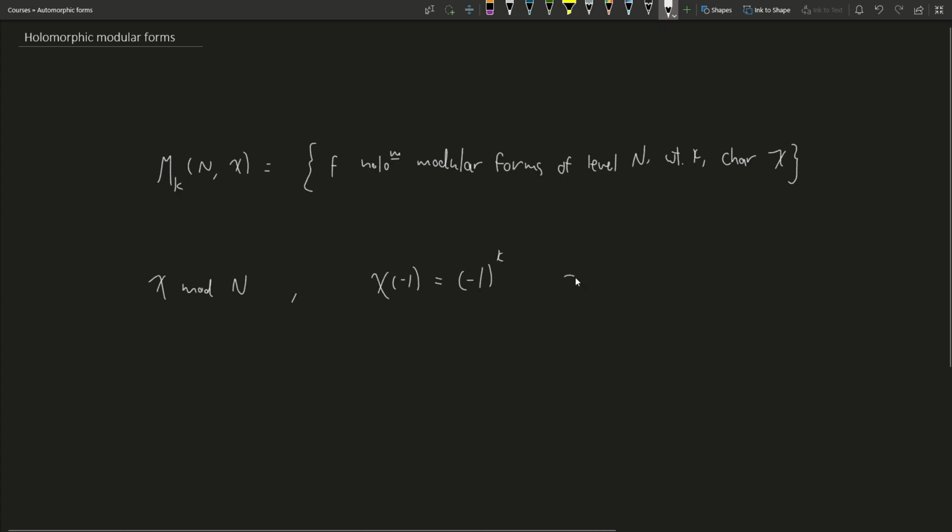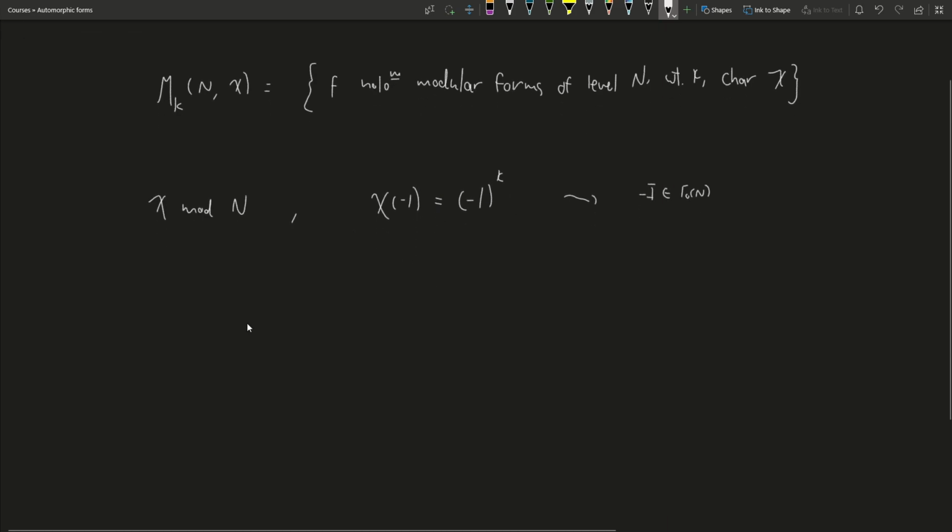The proof of this is to look at the action of minus the identity, which is in our group gamma naught n. Once you write out the definition of what it means to be a holomorphic modular form, you'll see that if this is not satisfied, then you're doomed. So we need these two conditions.